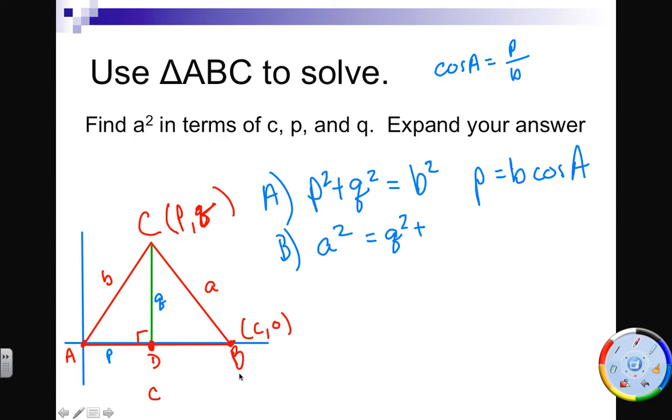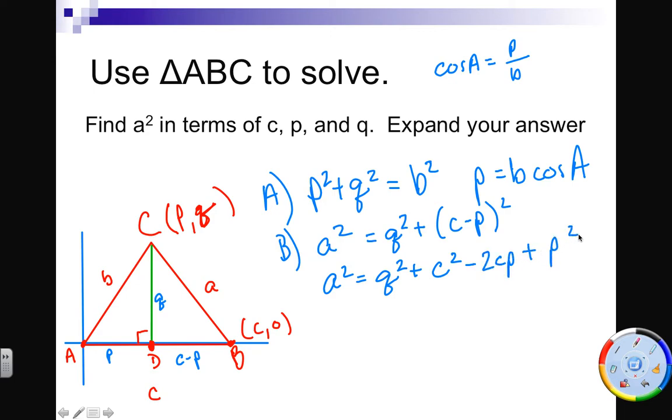The full length is C, the little length is P. So this is C minus P. So plus C minus P squared. So we want to expand this. If I FOIL this out, I get C squared minus 2CP plus P squared. Okay, so that's this question. Expand your answer. I now have A squared in terms of C, P, and Q.